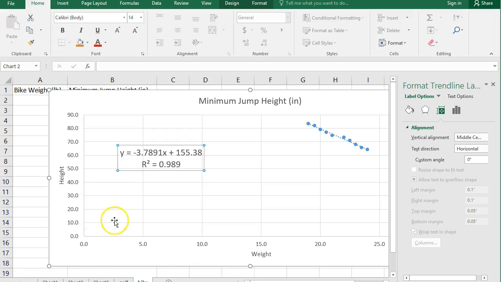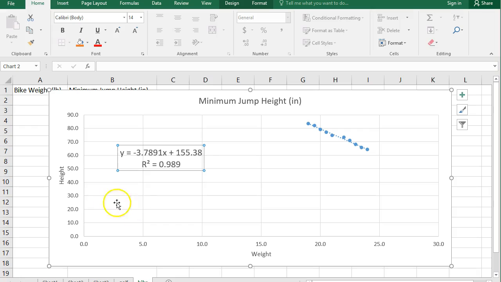Okay? So this formula tells us how many inches you lose, that's a negative number, of height every time you increase the weight by 1 pound. That's what that is telling us.